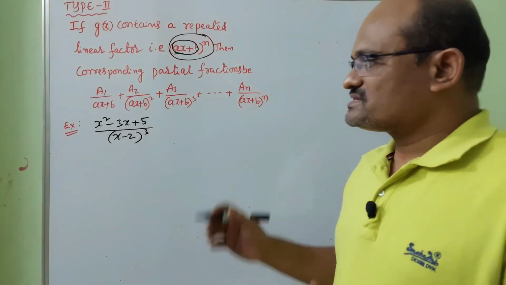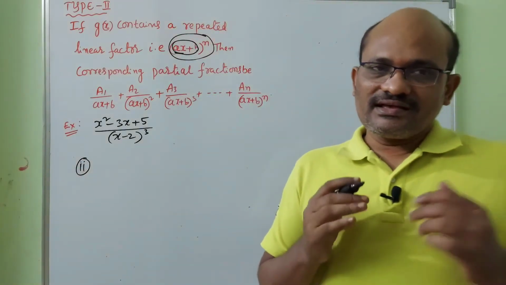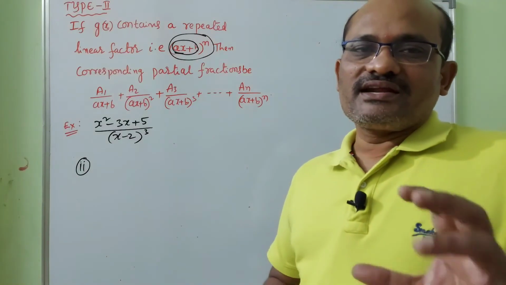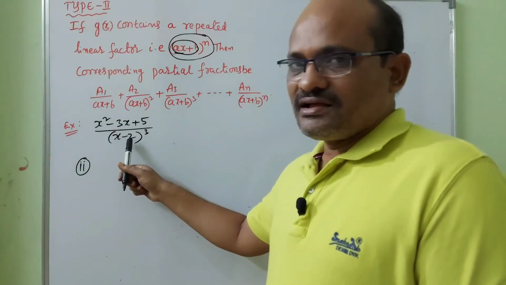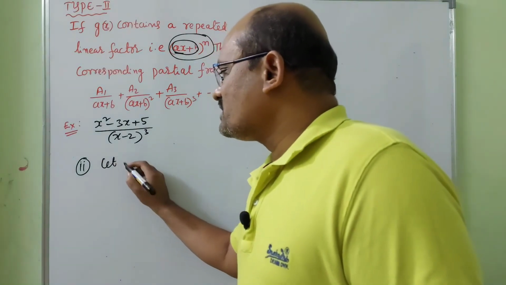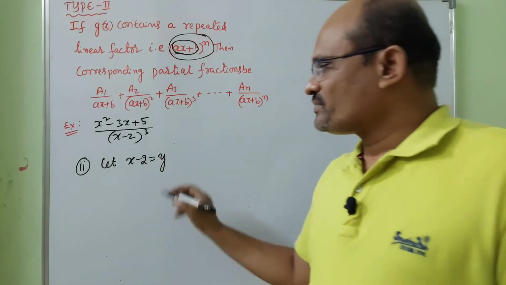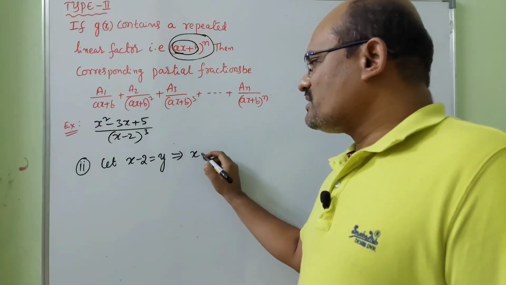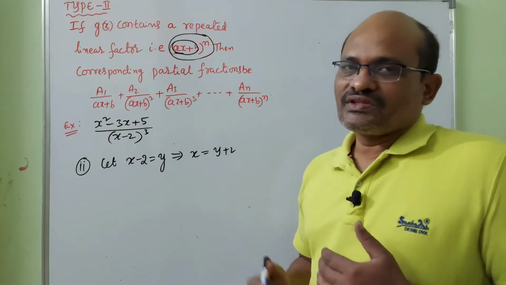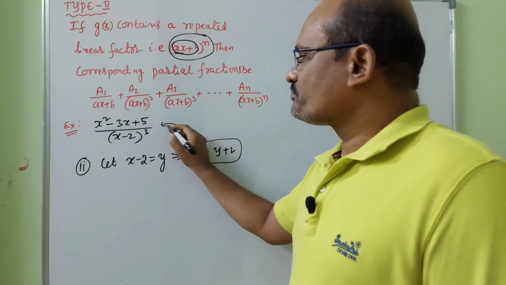Second method for the same problem. It is a very easy method. Look, the denominator contains a first degree repeating linear factor. So what to do is assume the first degree factor as some y. From this you can write x as y plus 2. Now convert the fraction into y by substituting x.